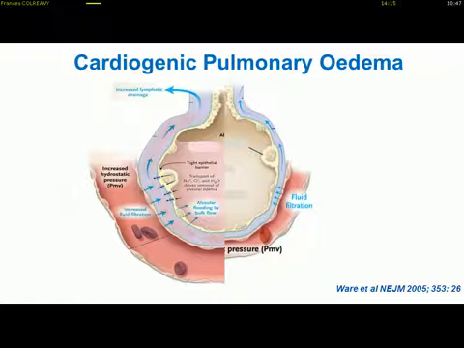A good place to start in understanding cardiogenic pulmonary edema is at the microvascular level. In the normal alveolus, the interface between the capillary and the alveolar interstitium is tightly controlled by the junctions between the epithelial cells.